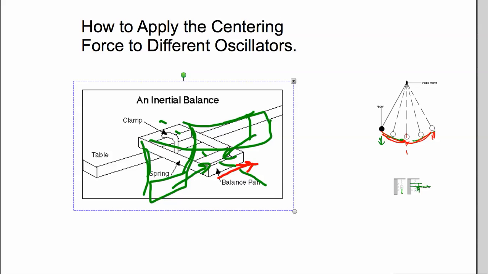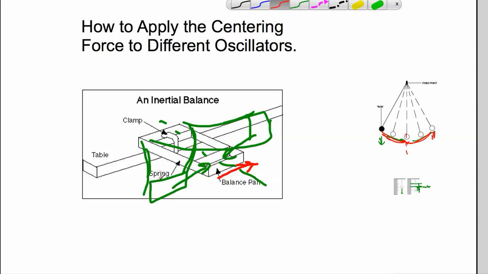So, with the inertia balance, the stronger these side pieces are, the harder they can push back that way, the quicker this thing will get to the center. And then it'll go back over this way, and these really strong side pieces will slow it down really quick and force it back to the center even quicker.